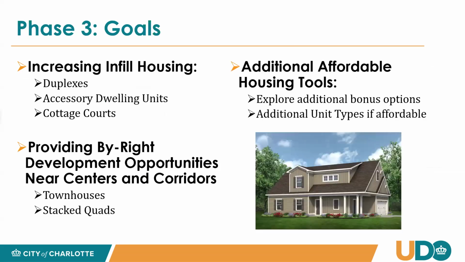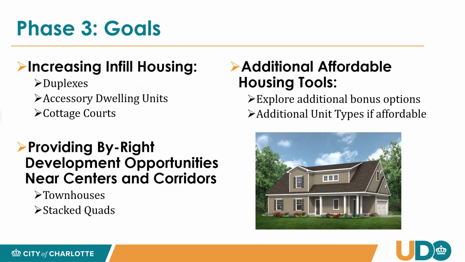This fits within this 3-phase strategy. I'll just mention really quick the phase 3 of the strategy, which, start putting your thinking caps on because we really want to have a lively discussion around that. It includes how we get duplexes more prevalent in the infill, accessory dwelling units, cottage courts, getting more by-right development near those centers and corridors, and then any additional affordable housing tools that we need to add.